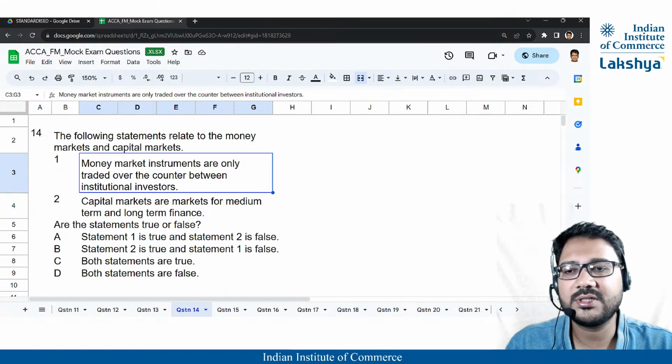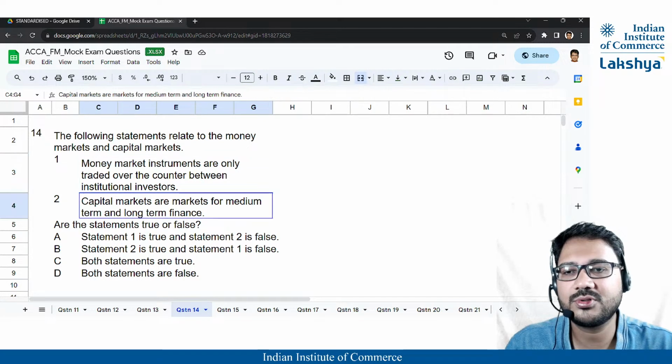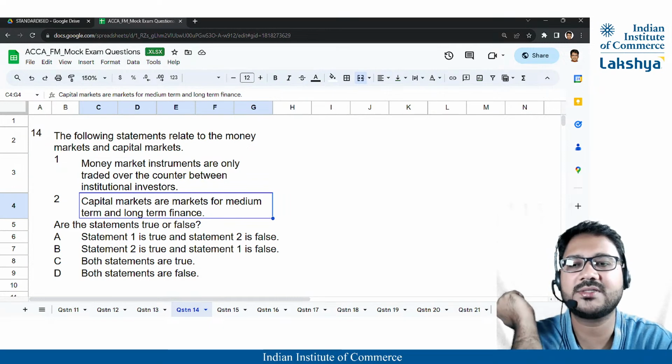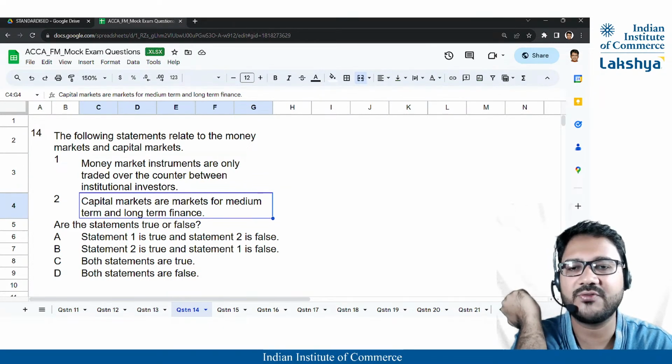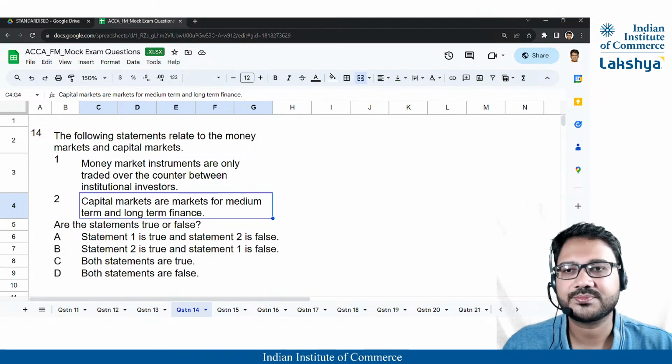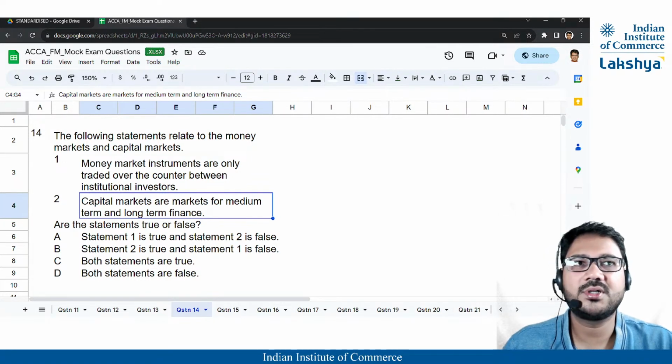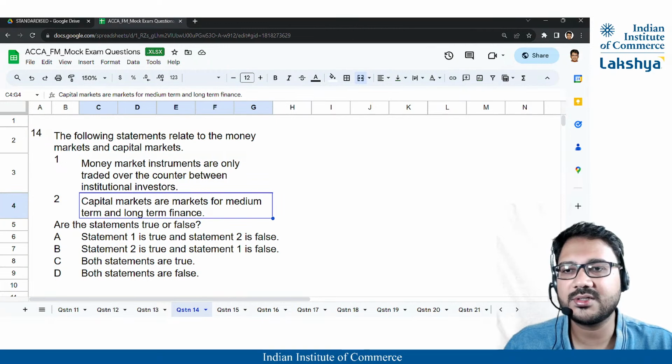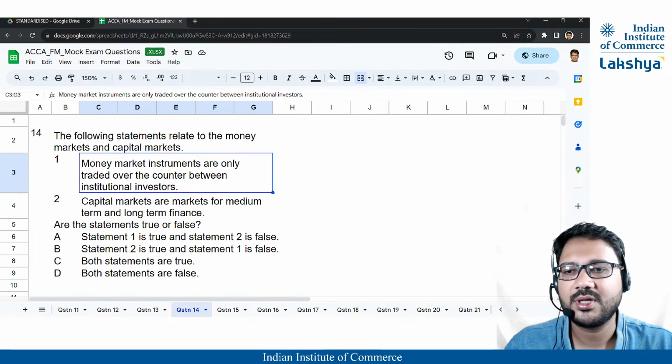This statement is true. Capital markets are only long term in nature.